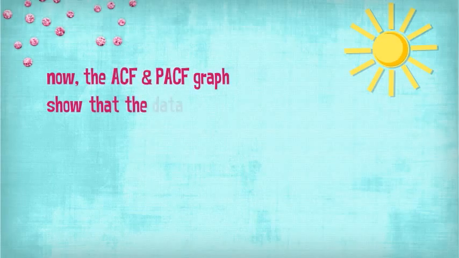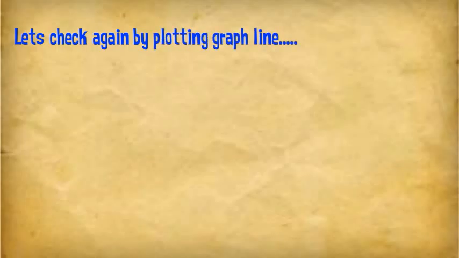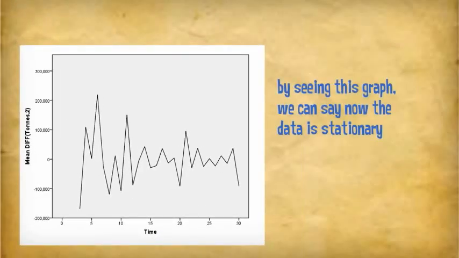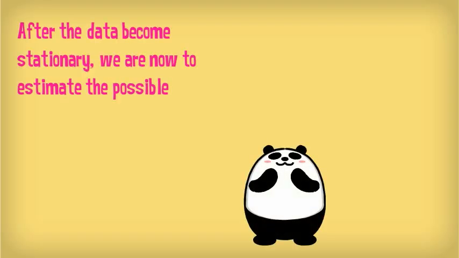Now, the ACF and PACF graphs show that the data is more stationary. Let's check again by plotting the line graph. By seeing this graph, we can say now the data is stationary since the series is constant around some fixed value.